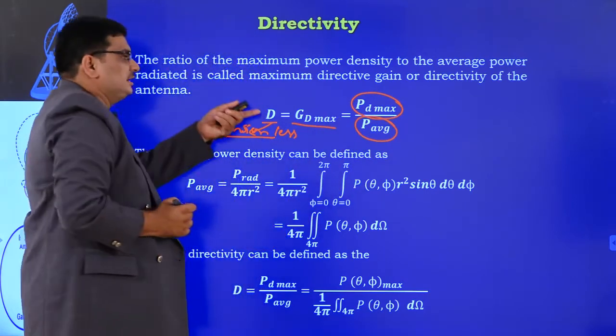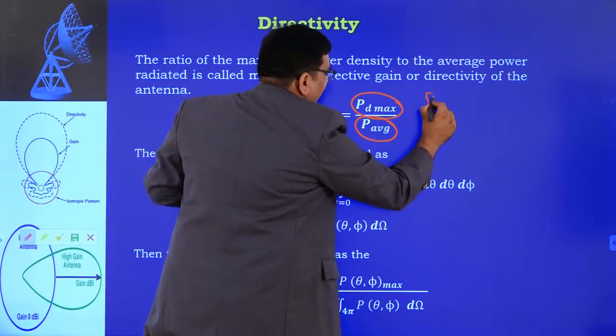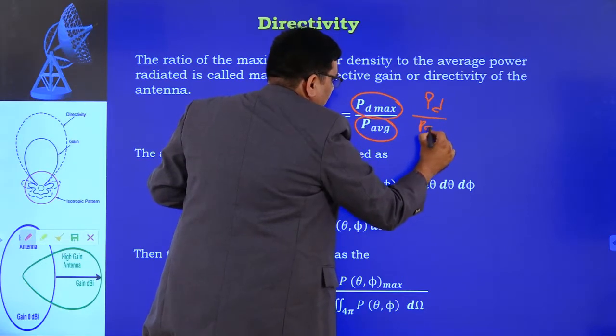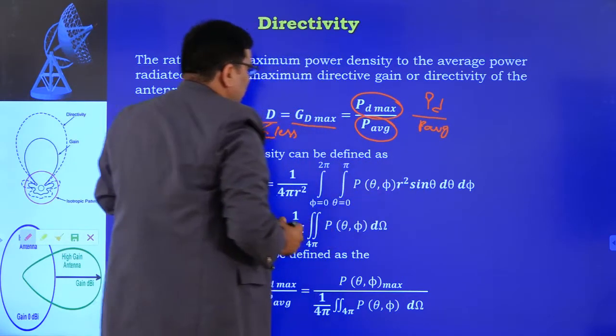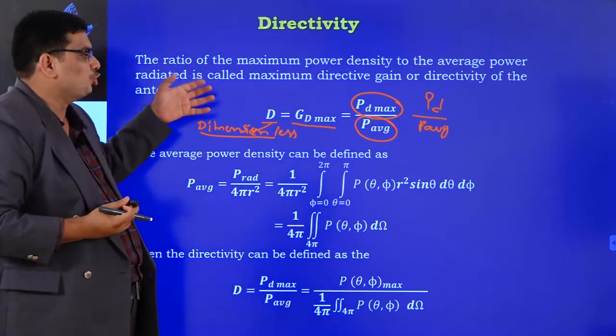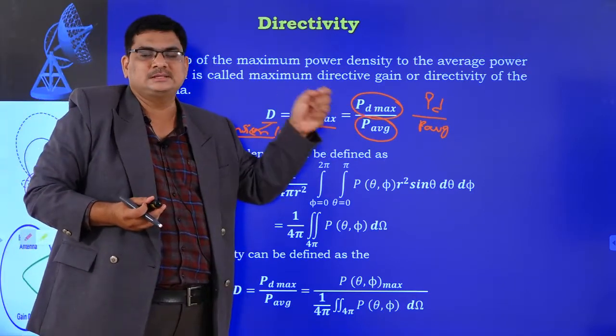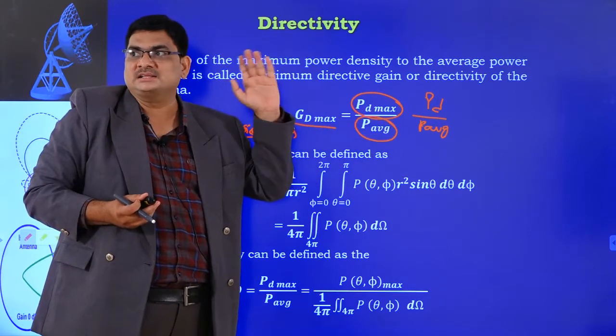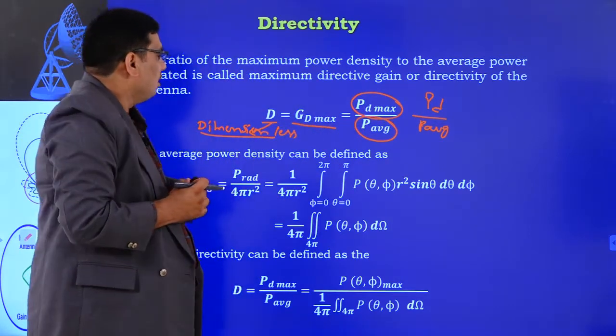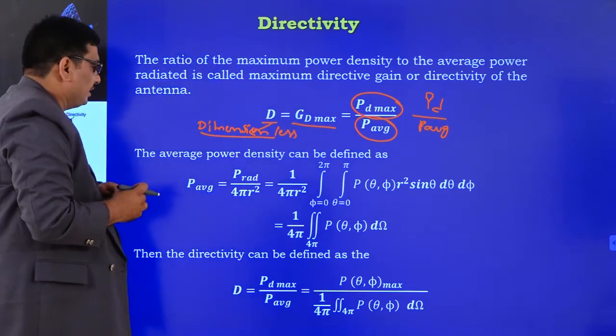In G_D max, what did we write? P_D by P_D average. So directivity is the maximum gain, the maximum power in your desired direction, called P_D max.